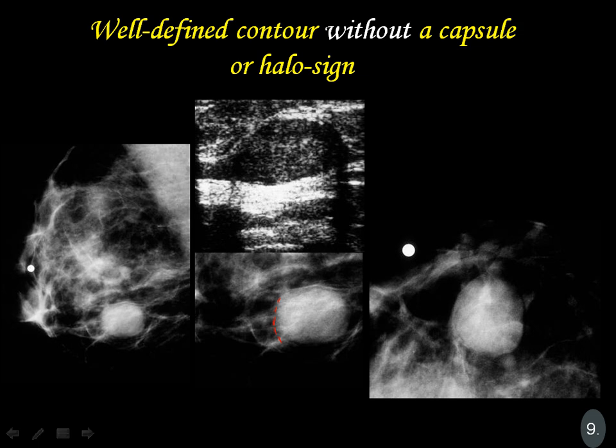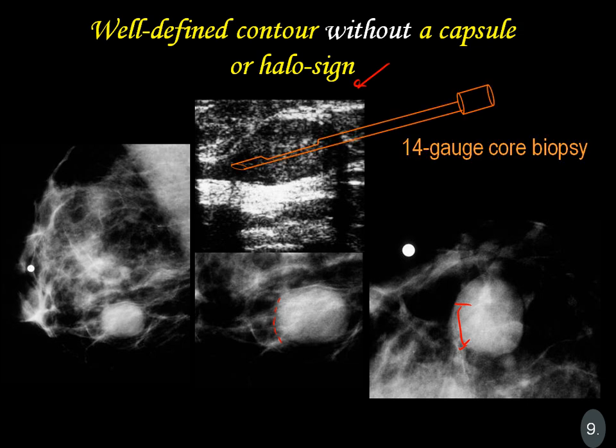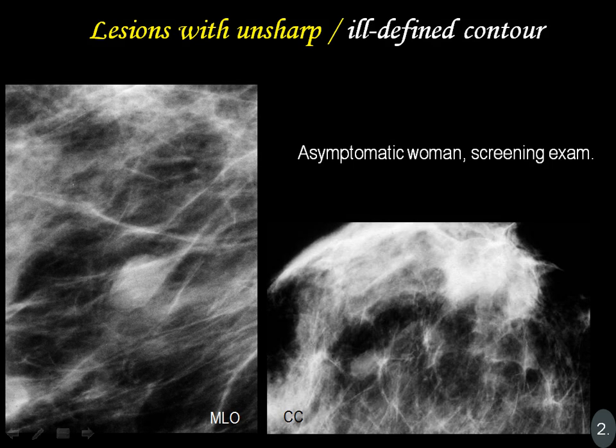That is, it's a fairly low-density lesion which also has a partial halo sign. The mammographic diagnosis is very insecure, but the ultrasound examination provides further information, and then we plan 14-gauge core biopsy that establishes the diagnosis.